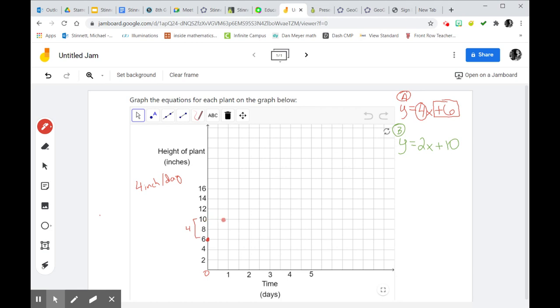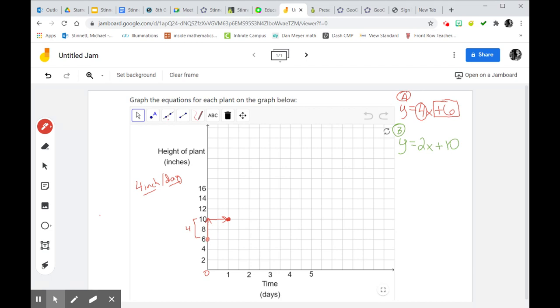I need to go over to my 1 day, all right? So you have to do two things: go up for the 4 inches and then over for the 1 day. So I go up 4, and I'll even draw a little arrow, and then I go over 1 day right here. Then I can take my line tool. Well, I don't have a line tool, but you will, and you can just connect these. I'm just going to draw it with my hands here, but you'll see what's happening.